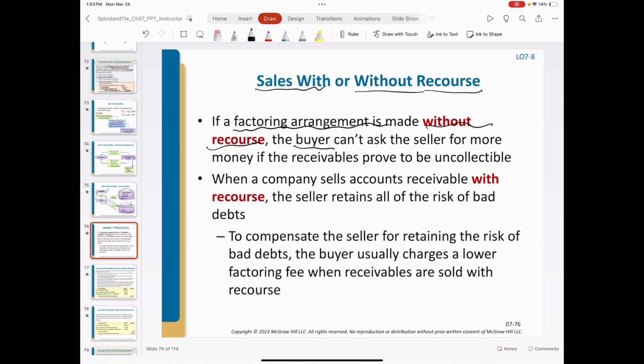If it is made with recourse, the seller or the transferor retains all the risk of bad debt. Because this is actual protection for the buyers of the receivables, usually the buyer charges a lower factoring fee. There is always a trade-off.